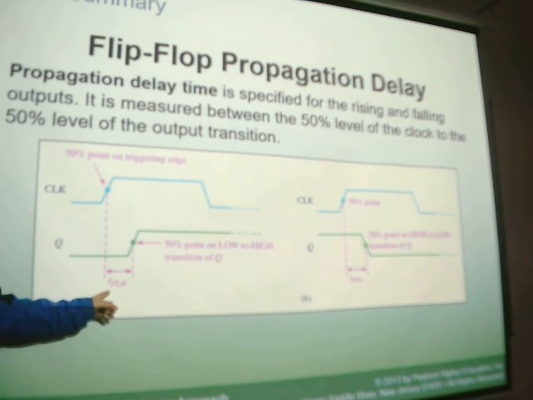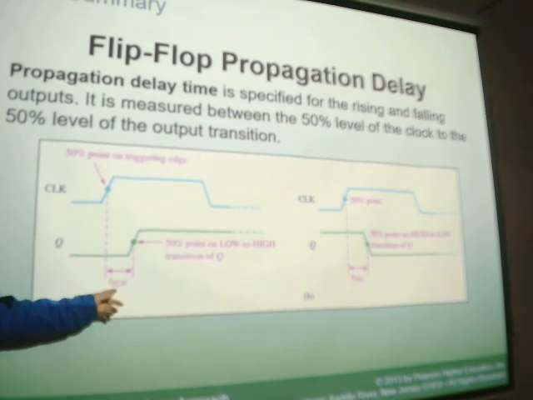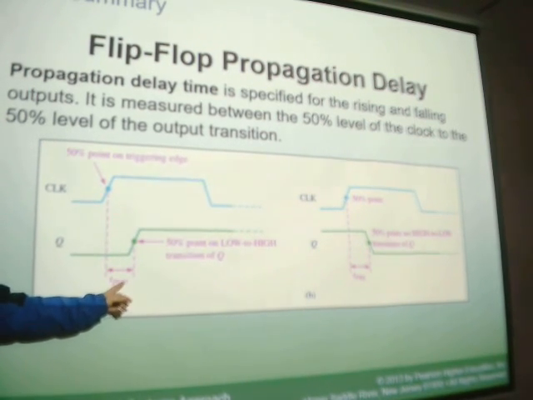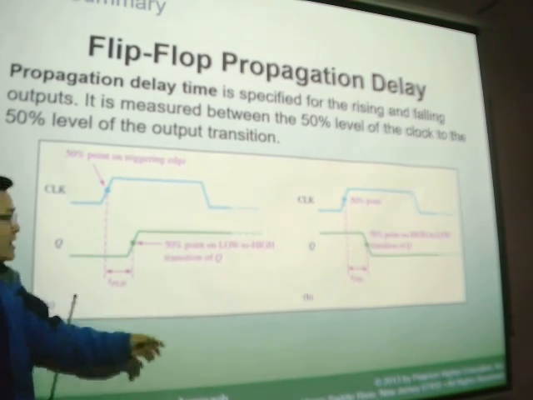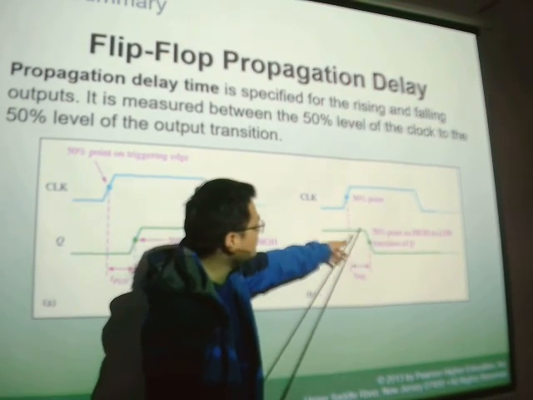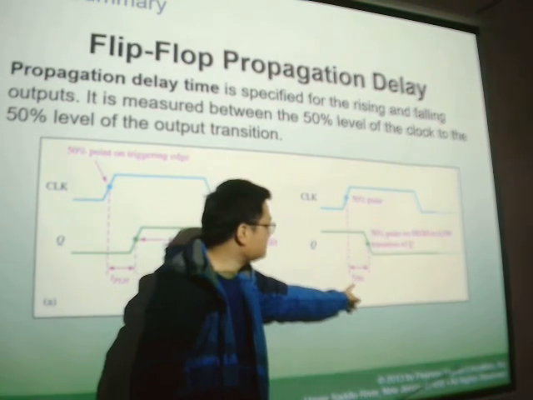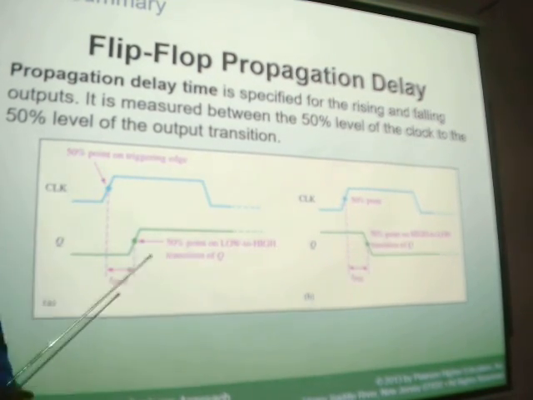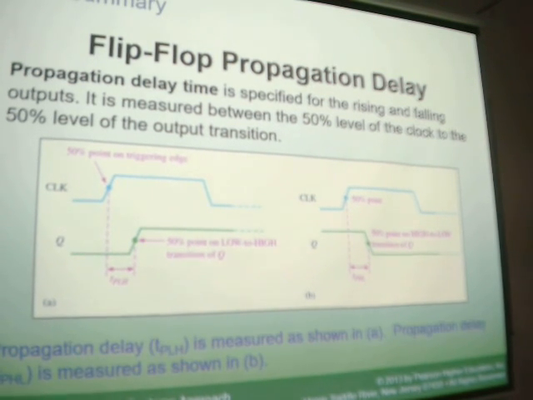P is propagation, L is low, H is high. So tPLH is the delay from low to high, and for this one, because the output goes from high to low, the delay time is tPHL. Propagation delay tPLH is measured as shown in A, and the propagation delay tPHL is measured as shown in B.